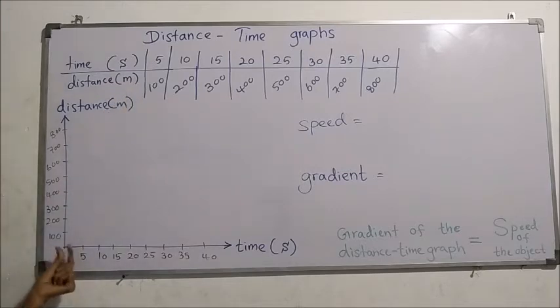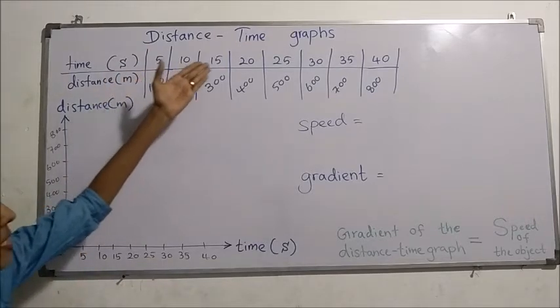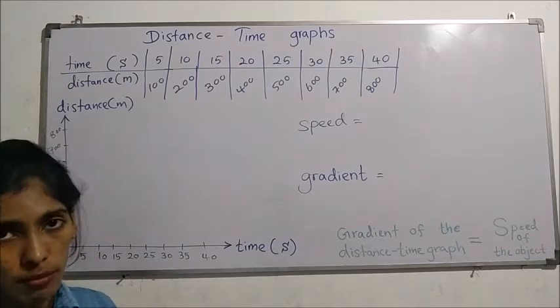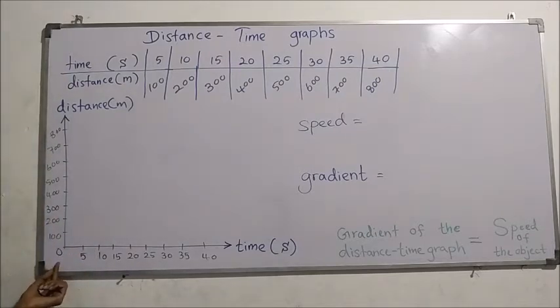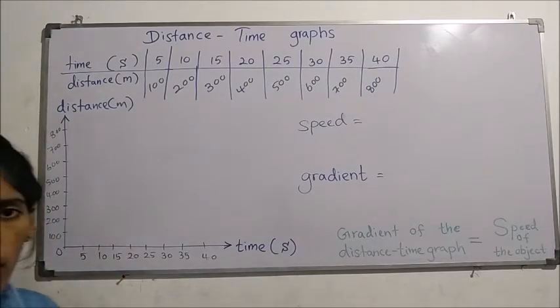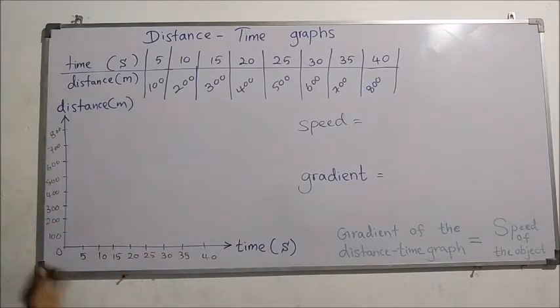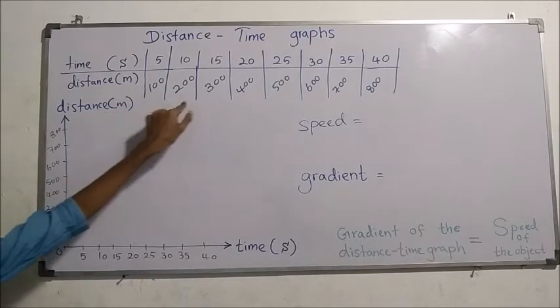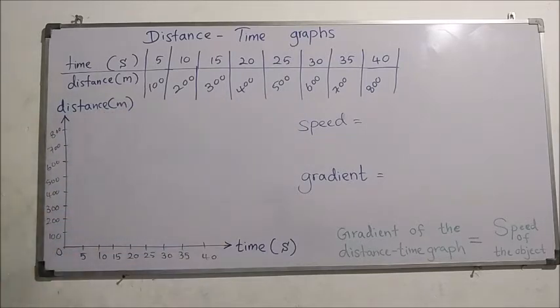And you know that with equal gaps we need to mention the numbers. So here I have taken 5 by 5 because they have also given us 5 by 5. Starting from 0, 5, 10, 15, likewise 5 by 5 with an equal gap you need to mark these numbers. And the distance is also given 100 by 100, so starting from 0, 100, 200, 300, likewise I have marked the numbers.